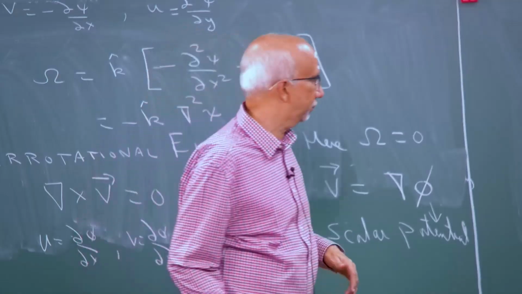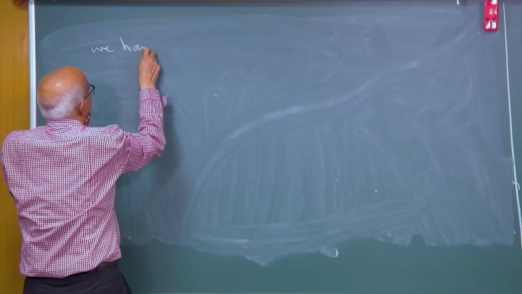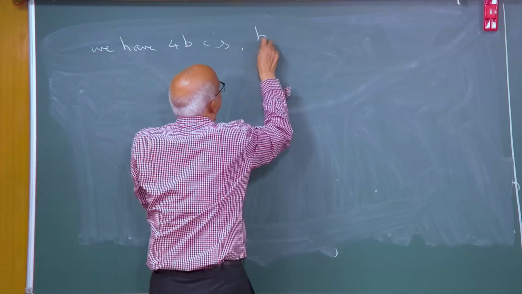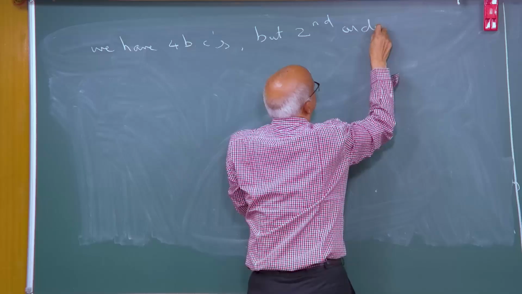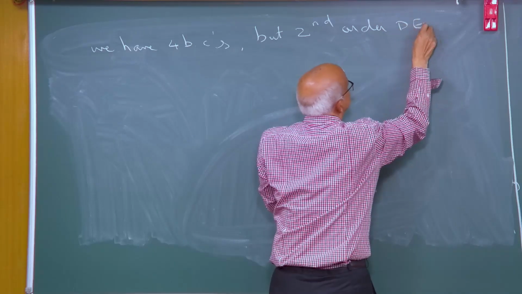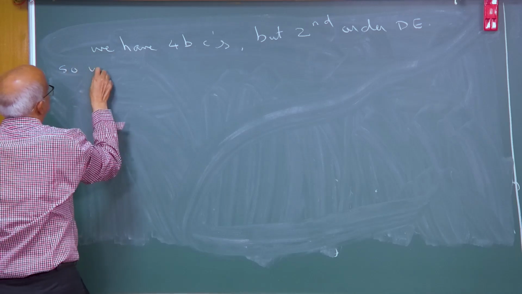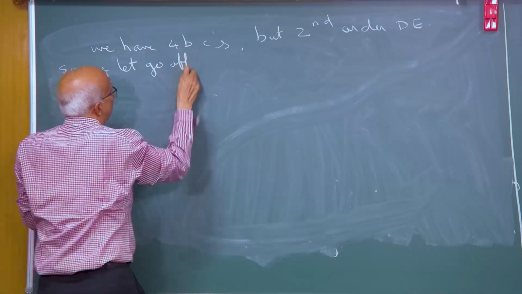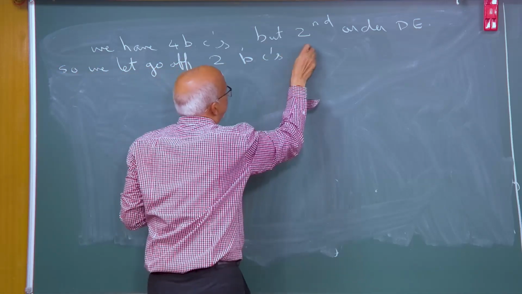So we have 4 boundary conditions, but a second order differential equation. So we let go of 2 boundary conditions. Which ones?